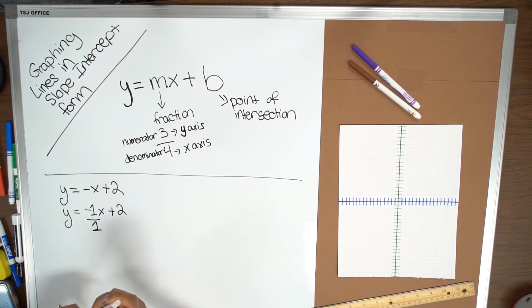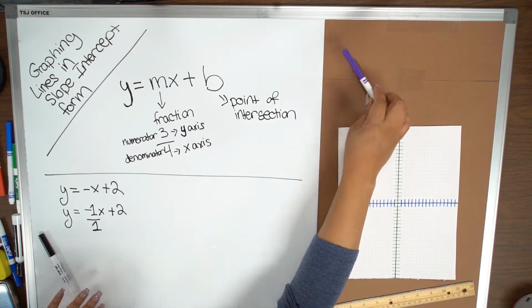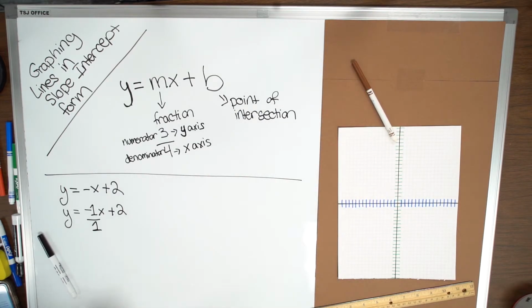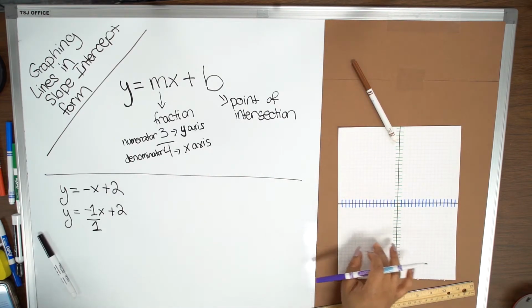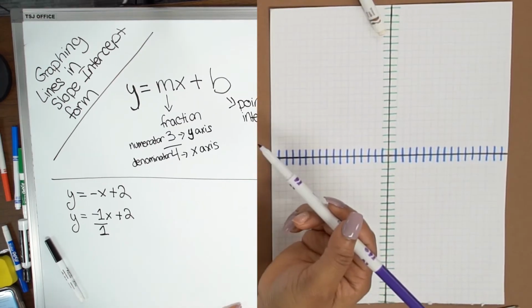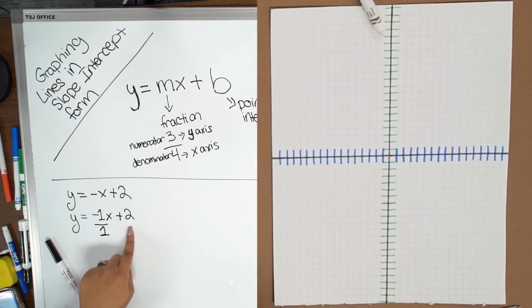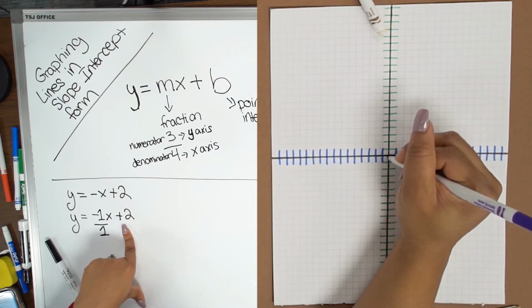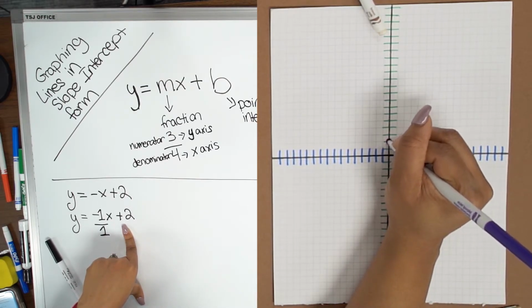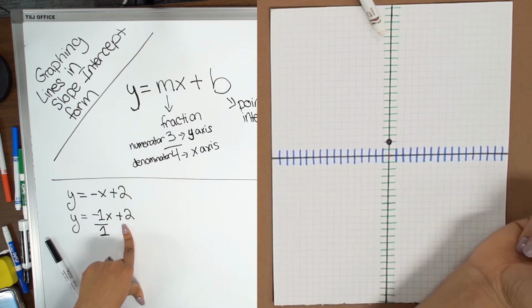So let me switch to, hopefully, purple shows up. Okay, I did not number my graph, but hopefully everybody gets that. Okay. So positive 2 is on the Y-axis, that is where we start. So this is 0, so 1, 2. I'm going to make a pretty big dot. Yep, you can see it, good.